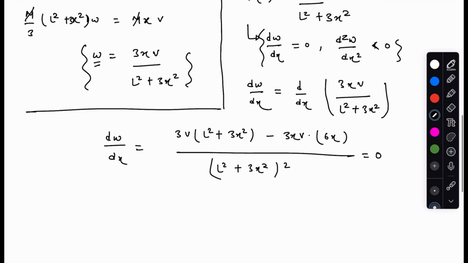If you take 3v common, we'll have L square plus 3x square minus 6x square equal to 0.